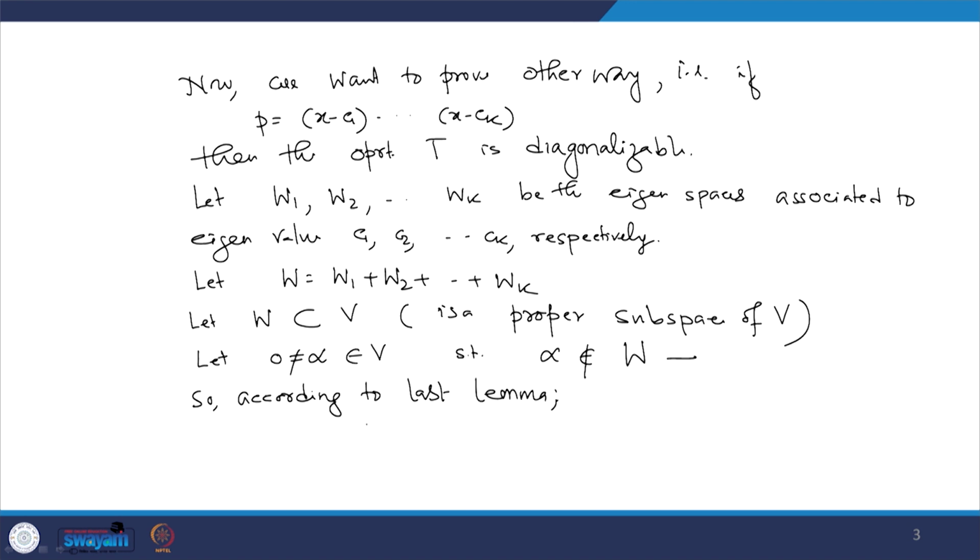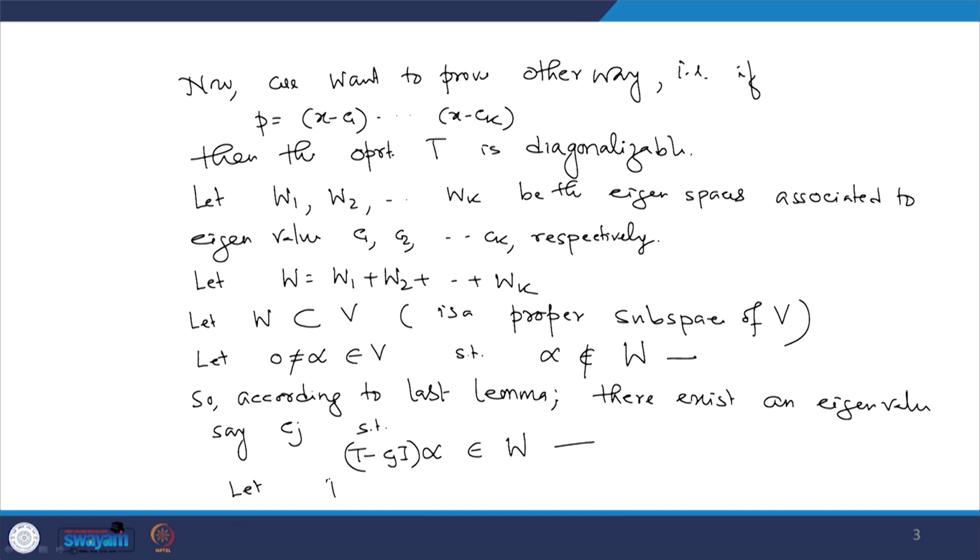I can simply say that according to the last lemma, there exists an eigenvalue, say Cj, certainly one of C1, C2, Ck, such that T minus Cj I operating on alpha will belong to W.